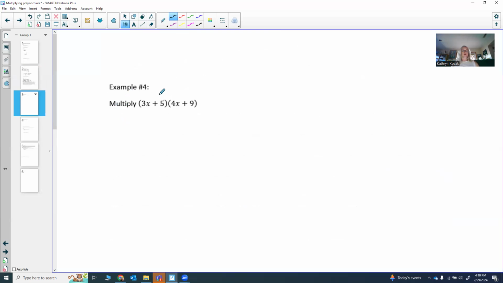So this time, in example 4, we want to multiply 3x plus 5 times 4x plus 9. So the FOIL: first term, F will be 3x times 4x.